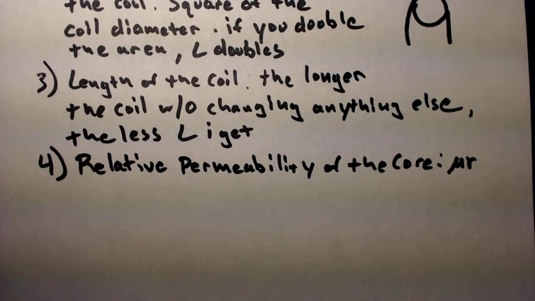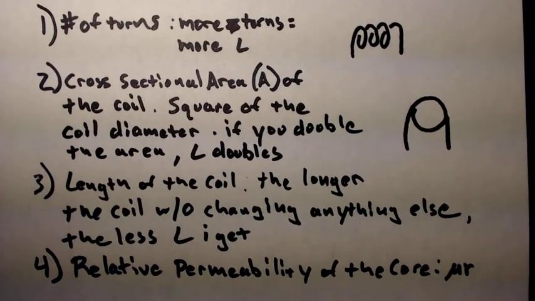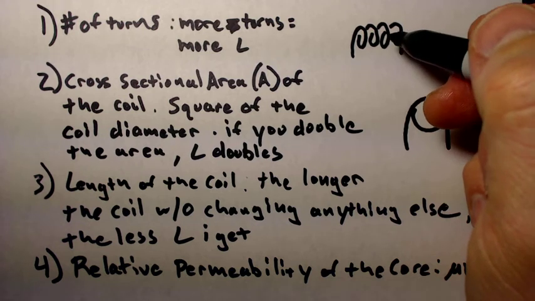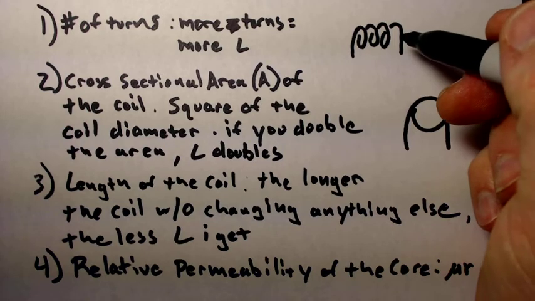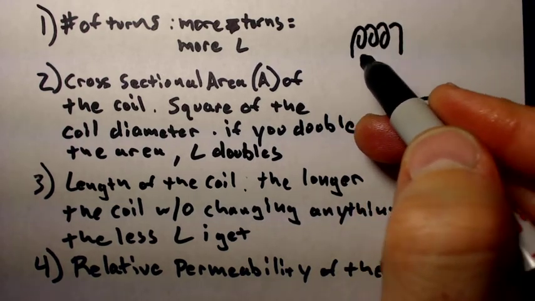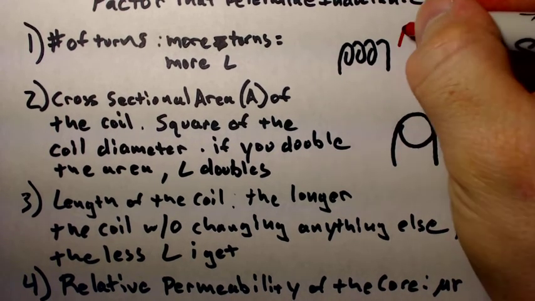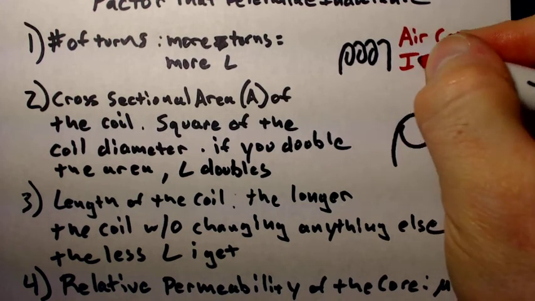Okay, up until now, I've said that inductor is just simply a coil of wire. And that's true. If I take some coil of wire, I have an inductor. However, when I do that, I have air in the center of this coil. Well, let me go ahead and say that. This is an air core inductor.